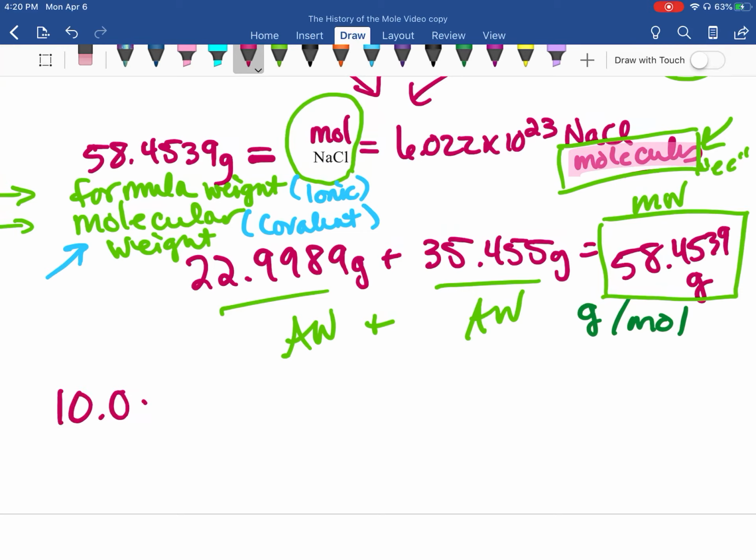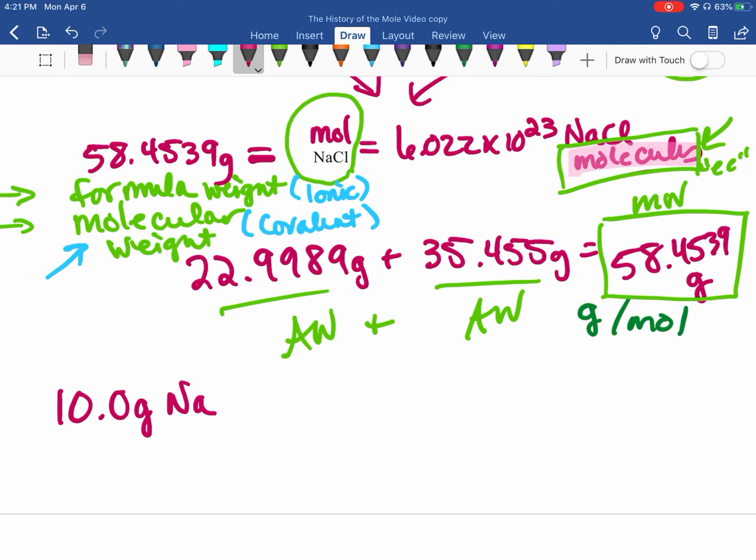You have 10 grams of sodium sitting there. Are you totally screwed, or can you still make salt? You can absolutely still make salt. This is where the unit conversion part comes in. If you have 10 grams of sodium, it just means you don't have 1 mole. You're going to have less than a mole.